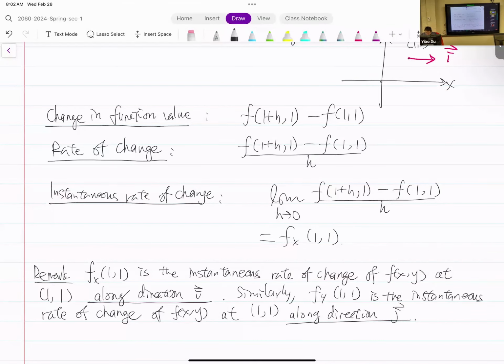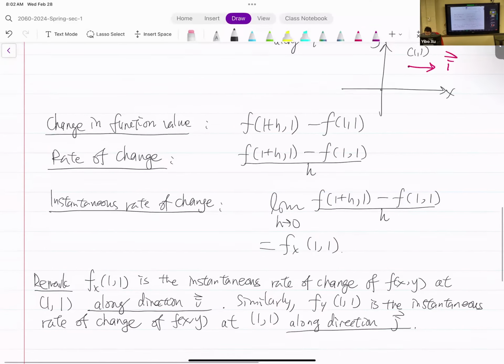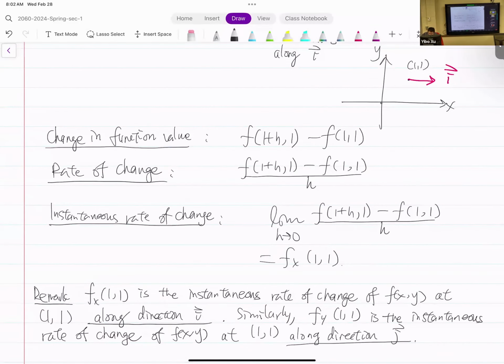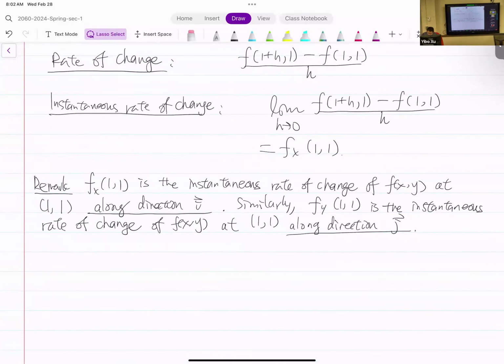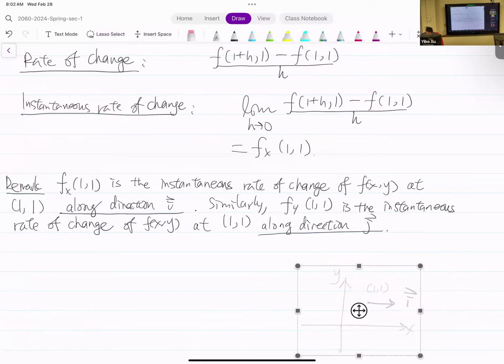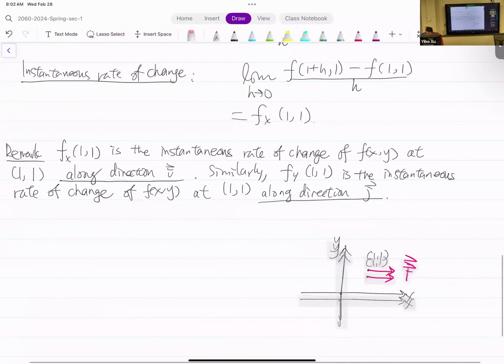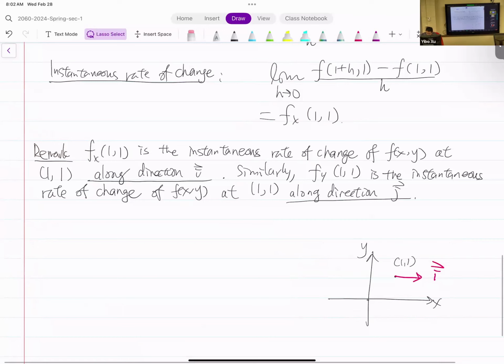So here, let me copy the figure above about the direction that we are looking at in the domain. So basically, we established the direction i. Okay? And then of course, we covered the direction j, if we look at the partial derivative with respect to y for the function, right?